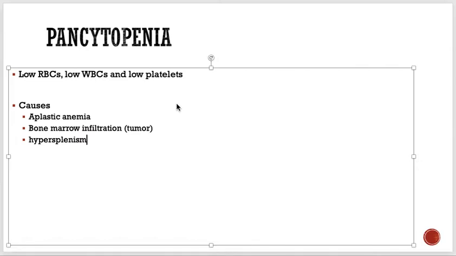Now, because hypersplenism is coming up quite a number of times, I think I must talk a little about that one. I don't know, many of you may have this question in mind: what is it? So, what is hypersplenism?